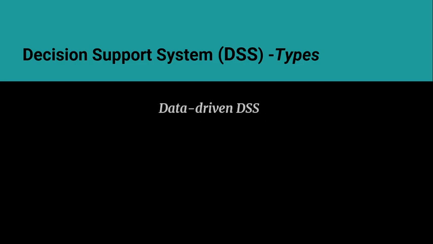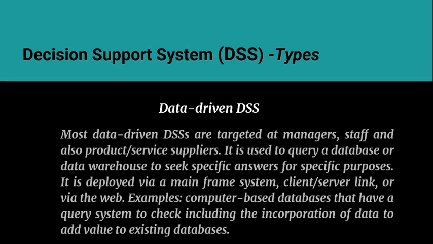Next type is the data-driven decision support system. Most data-driven DSSs are targeted at managers, staff, and also the product or service suppliers, the vendors. This type of DSS is used to query a database or data warehouse to seek specific answers for specific purposes.